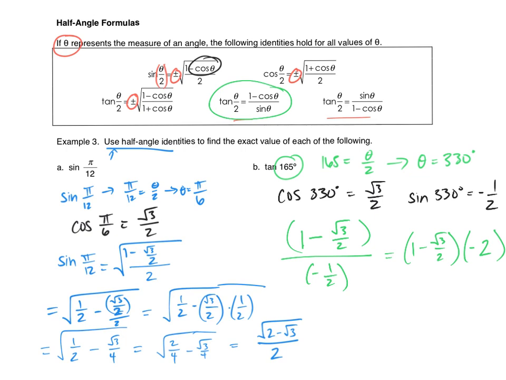All of a sudden, this becomes a little bit simpler. I'm going to distribute that negative 2. So I get negative 2 plus 2 root 3 over 2. Those go away. And I am left with negative 2 plus root 3.